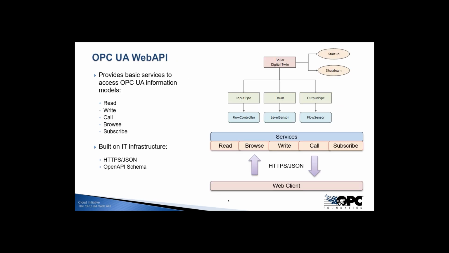Now, the Web API itself provides a set of basic services that could be used to access OPC UA information models. And this duality is fairly important, that we have these generic services that are accessing these models which are consistent across all UA servers and are independent of the protocol you're using to talk to them.